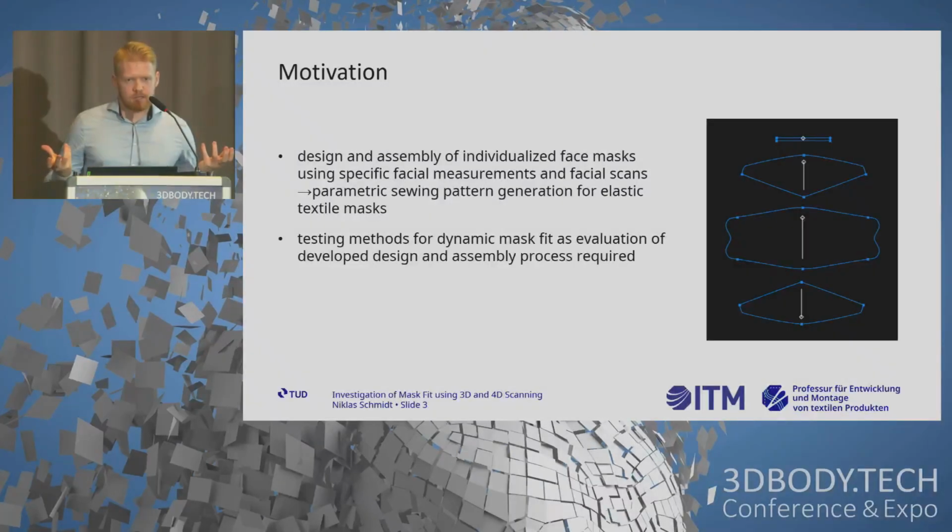We are able to measure facial features and facial measurements and take them into account for the development of parametric sewing patterns for one mask that is then, in the best case, a good fit with the face that was measured before.